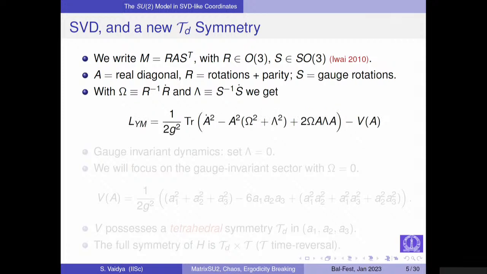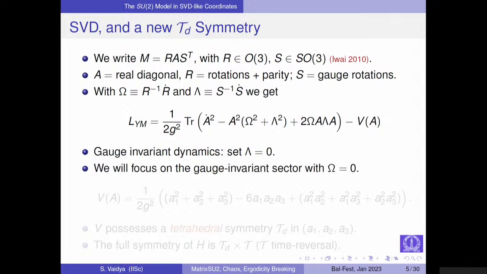And with R inverse R dot and S inverse S dot defined like this, these are essentially angular velocities. The Lagrangian has a fairly simple form. And because the rotations from the right are gauged, we would like to set lambda to 0, in order to concentrate on gauge invariant dynamics.